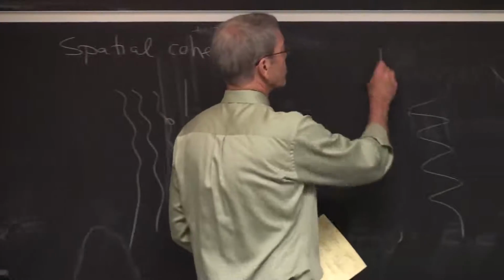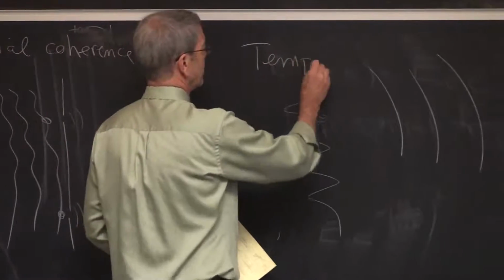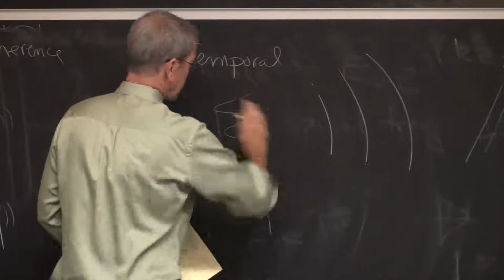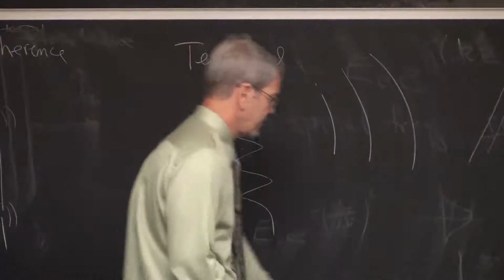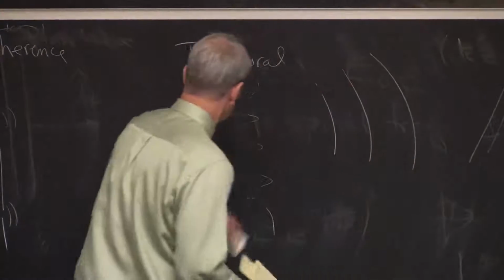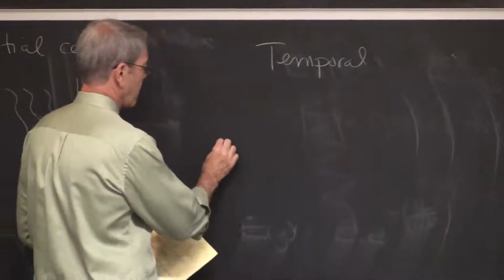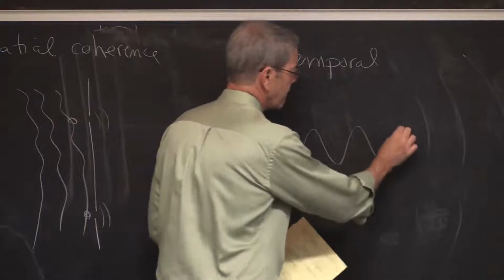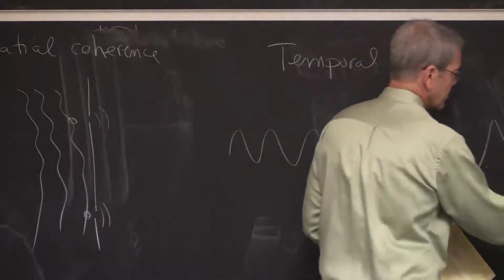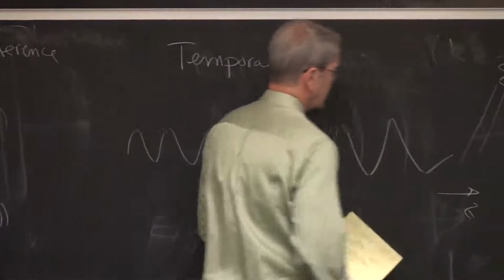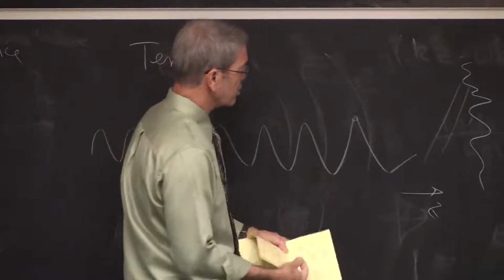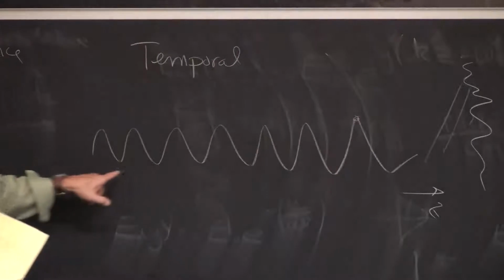The other is temporal coherence. And that has to do with kind of the frequency of the beam. So if you have a laser beam, and it's cruising along, and let's make this the z-axis. And this wave clearly was generated before this one was.